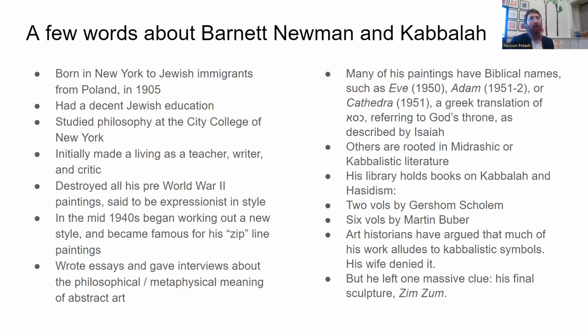And essentially the general consensus was, yes, he read some Kabbalistic books, but he didn't really have a serious engagement with Kabbalah. It was just kind of a symbol, Tzimtzum was a nice symbol. He found these phrases evocative or something like that. And so he attached them to his art, but his art is really secular, it's universal, and he took these symbols and just used them in a general way.